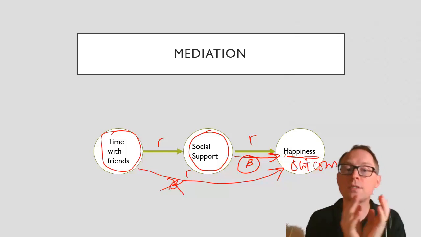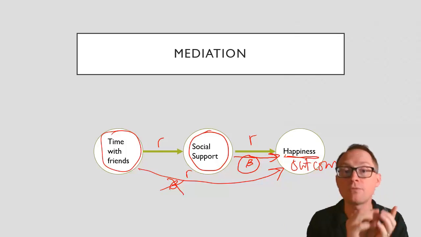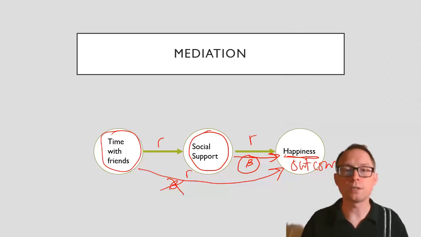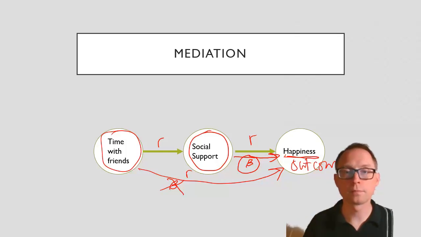However, time with friends does predict social support. We already saw that when we got the Pearson's R that was significant. And social support by itself does predict happiness. That's if the beta weight is still significant. So in mediation analysis, the first step is run a Pearson's R with everything, and they should all be significant. The second step is run a multiple regression.